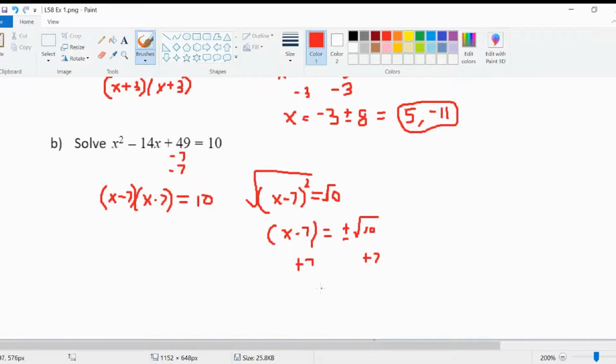So x is going to equal 7 plus or minus the square root of 10. And like above, where we had integers we could add together and find the solutions are 5 and negative 11, this is in radical form, so we cannot combine 7 and any irrational number like the root of 10. So that is our simplified answer.